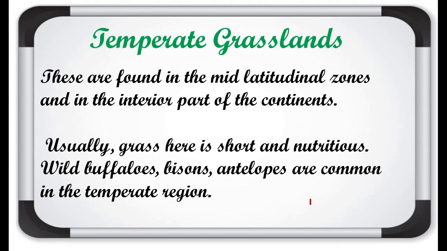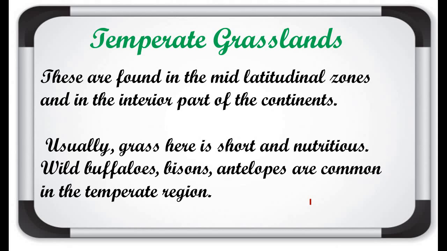Prairies are the example of temperate grassland. Pampas are found in South America, Veldt grasslands in South Africa, and Downs temperate grasslands in Australia.